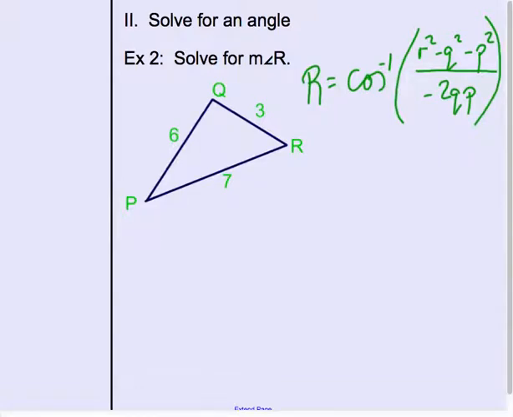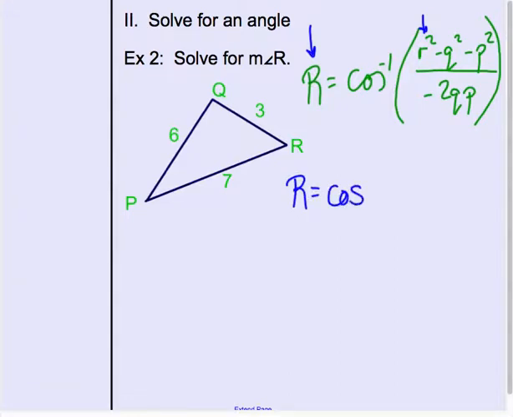So again, what you need to remember is the first side that you write down is opposite the angle you are solving for, and then the other 2 sides, order doesn't matter. So you subtract the square of the other 2 sides all over, again that 2, but we were subtracting it in the other formula, so it's negative, times the other 2 sides. So it's really not that hard to remember if you think about how they relate to one another.